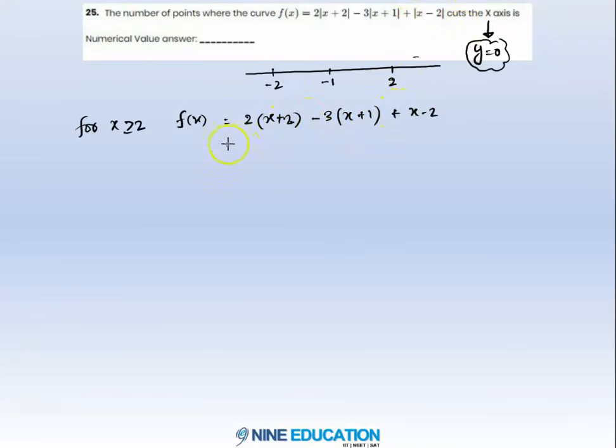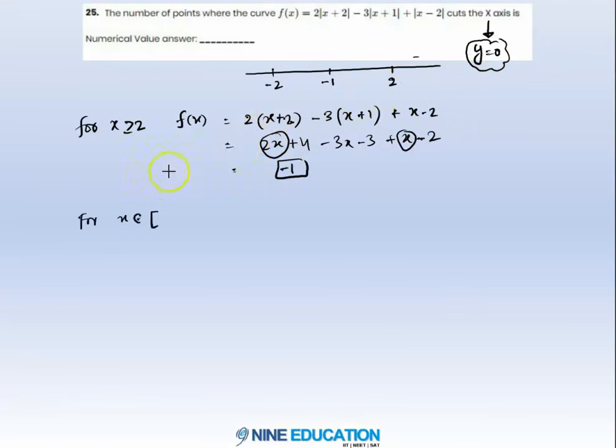If I simplify this, I will be getting 2x plus 4 minus 3x minus 3 plus x minus 2. So 2x plus x is 3x, 3x minus 3x cancelled. 4 minus 3 is 1, 1 minus 2 is minus 1. So we are getting minus 1. So it is not going to cut the x-axis for any values greater than 2.